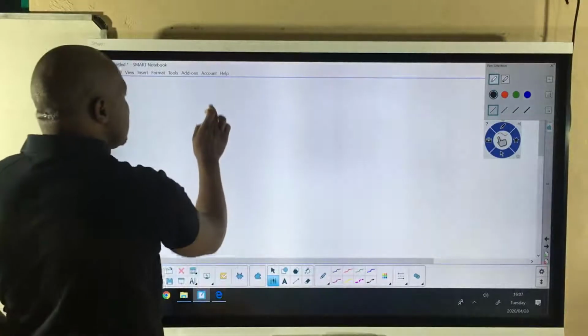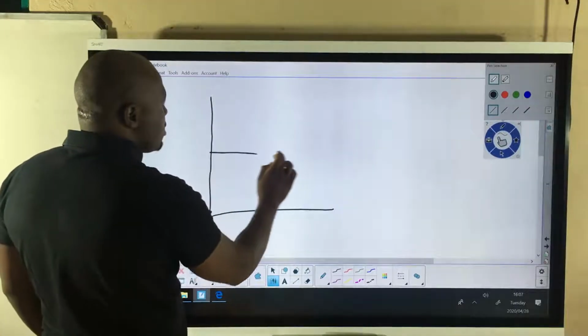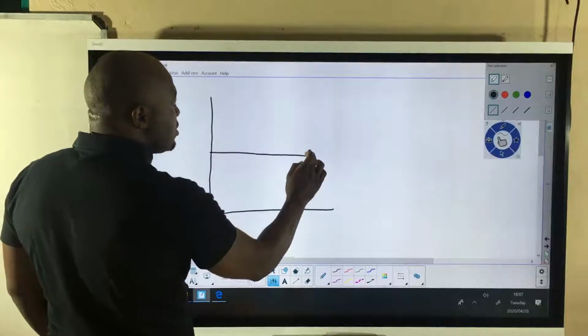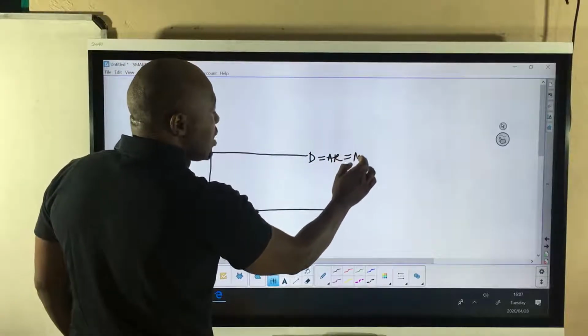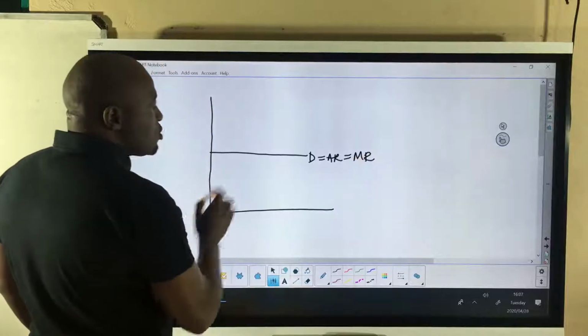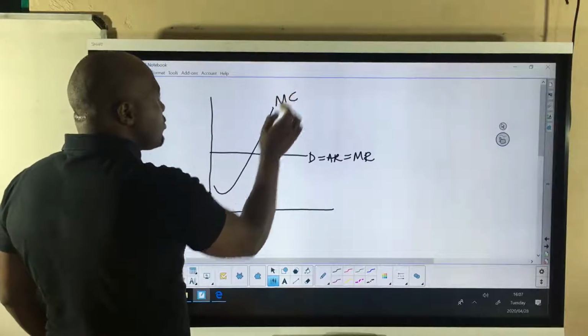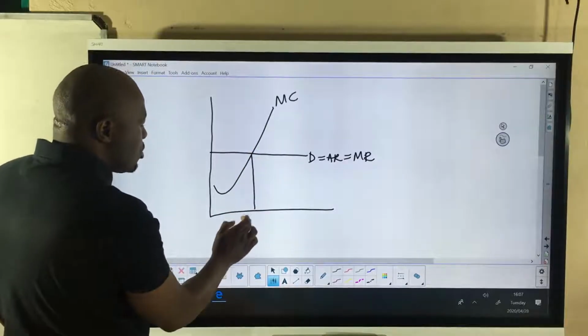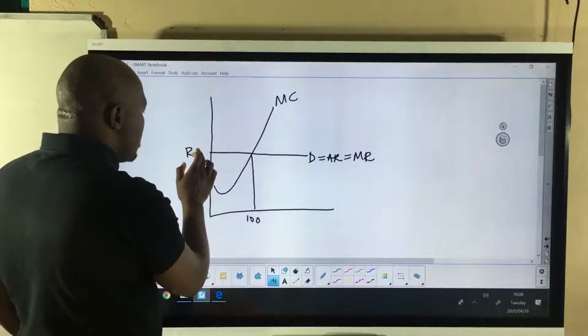Okay, how much should a firm produce? This is the firm's demand curve. D is equal to AR, which is equal to MR. So how much should you produce? You should produce at the profit maximizing point. So if it's 100, then let it be 100.